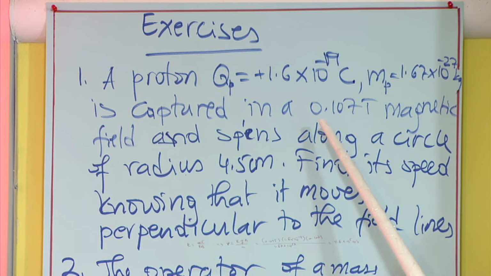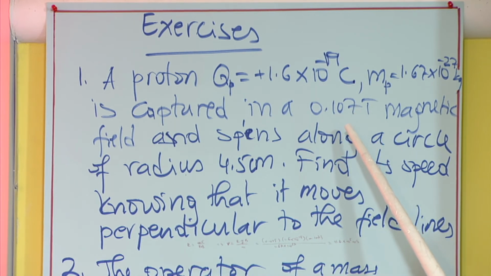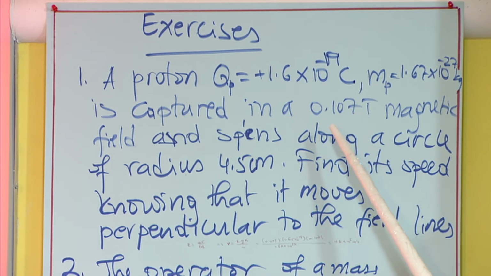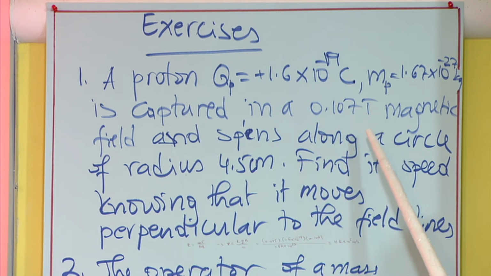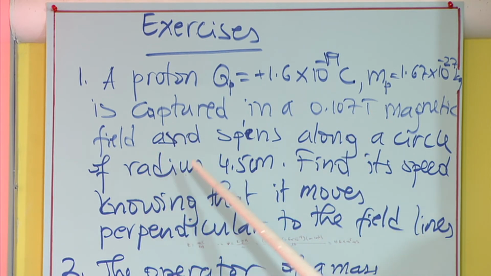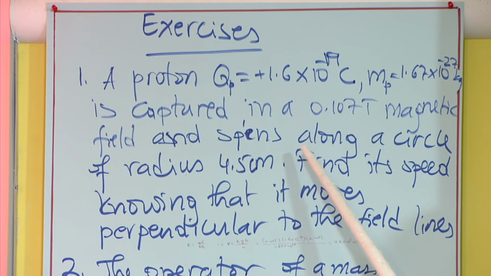It is captured into a magnetic field of 0.110 Tesla, and spins around a circle of radius 4.5 centimeters. Find its speed, knowing that it moves perpendicular to the field lines.